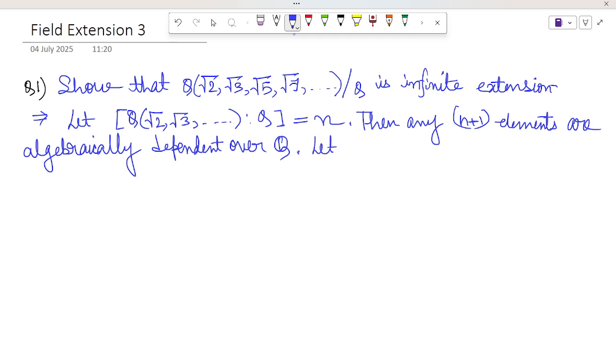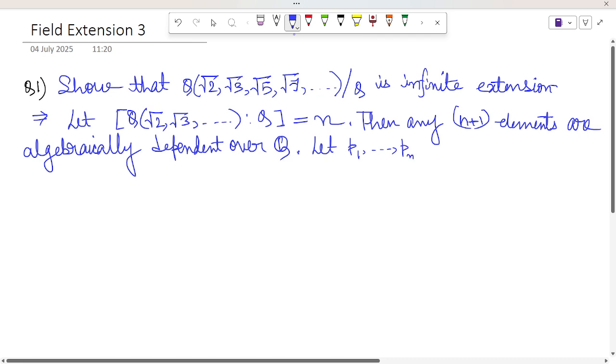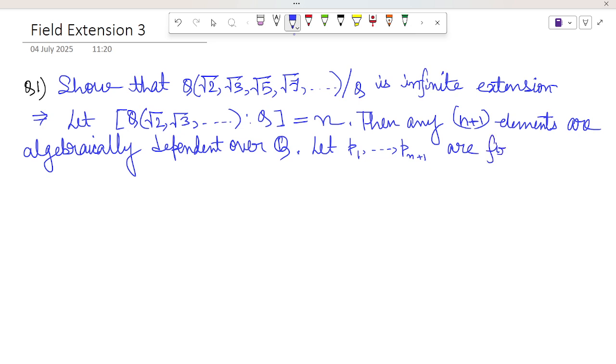Let q1 through q(n+1) be n plus 1 prime numbers. Then there is algebraic dependence.